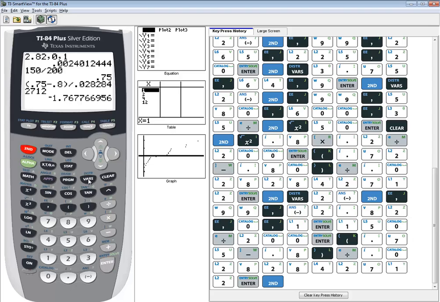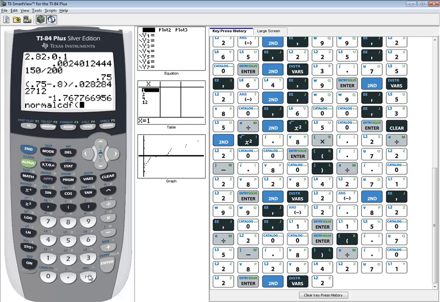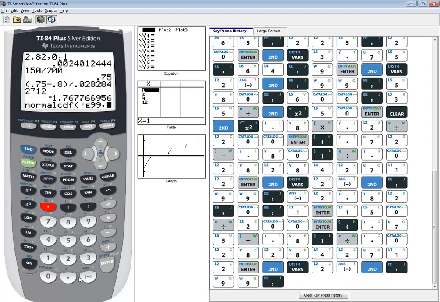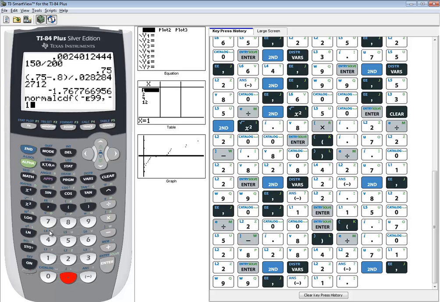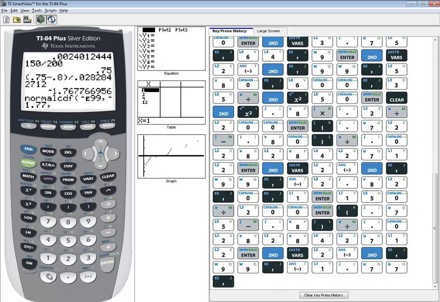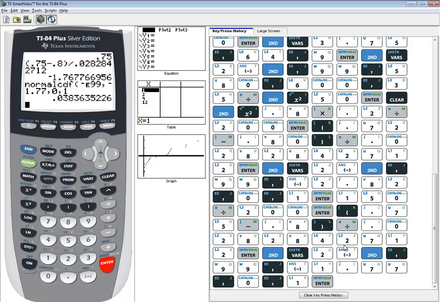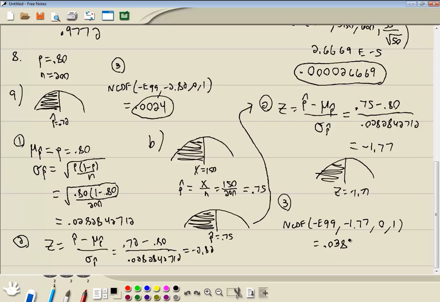Do second vars, normal CDF, negative second EE, comma 99, comma negative 1.77, comma 0, comma 1. And we get 0.0384. And that'll be your answer.